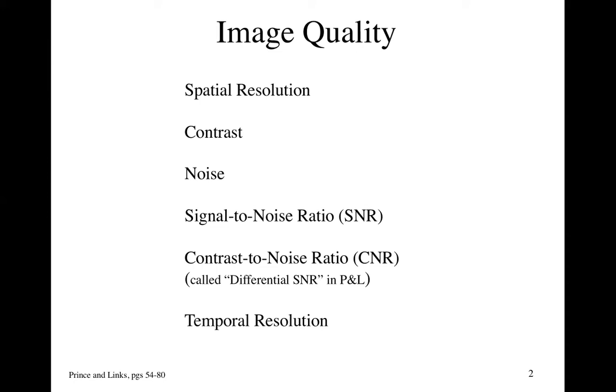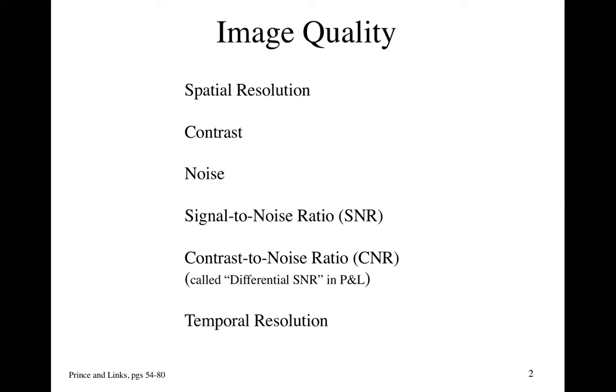The concept of noise is random signal that's essentially added on top of the signal of your target, and you would like the ratio of the target signal to the noise to be high, and that's the signal to noise ratio.